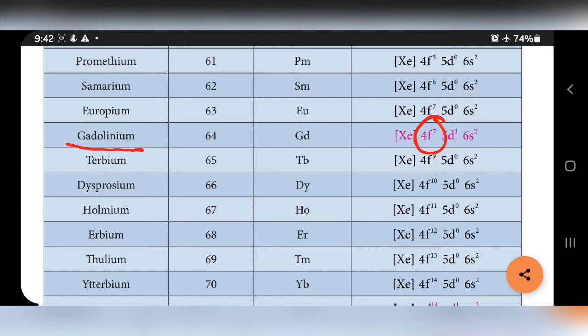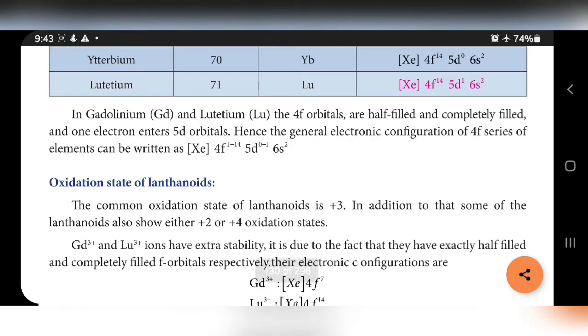So 4f7 means half filled. Already you know both half filled and completely filled are more stable. Half filled means 4f7, completely filled means 4f14.